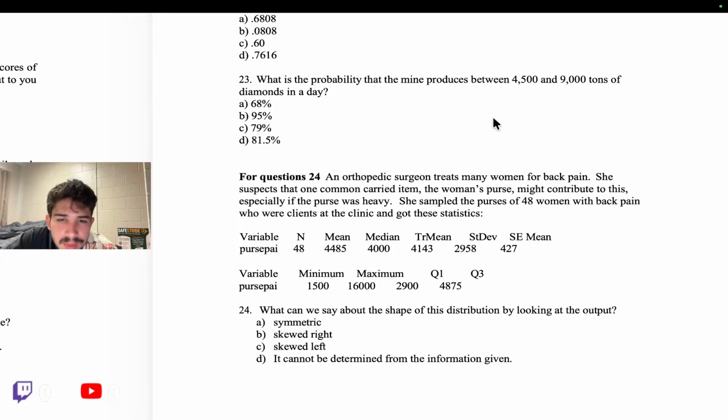And I'm going to assume that's going to be the case. That's how we know, because if the mean and the median were the same, it would be symmetric. So it's going to be skewed to the right. So we know that this is going to be B.